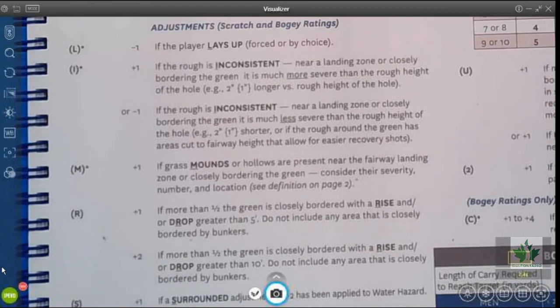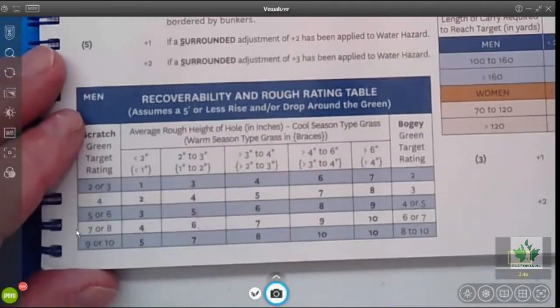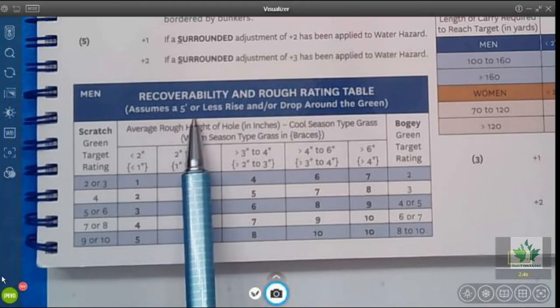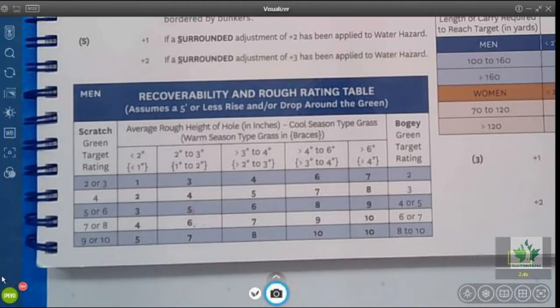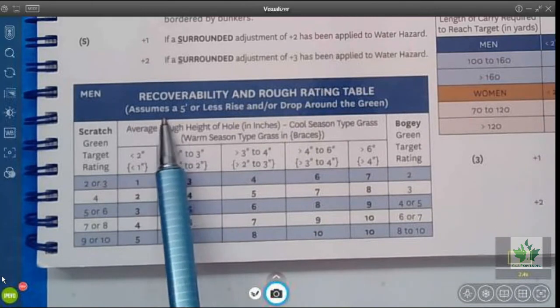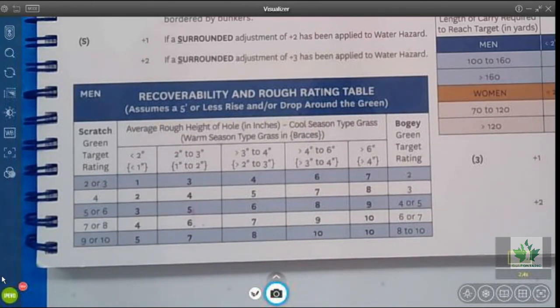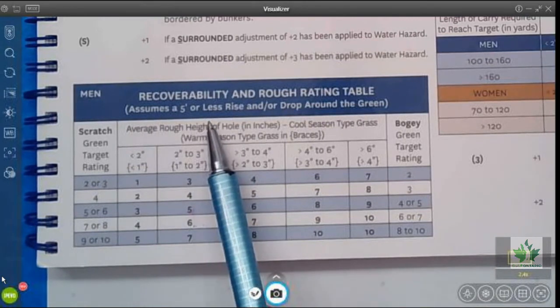If you look at the heading of the tables, again, the vanillaness of the table is, and this is where you really need to be careful, because all greens are different. All the areas around the greens are all different. So this assumes that the green is relatively level around the green. In other words, it assumes 5 feet or less of rise from a low area up to the green, or drop from, you don't see this as much, but from an area that's higher up around the green down to the green of 5 feet or less.